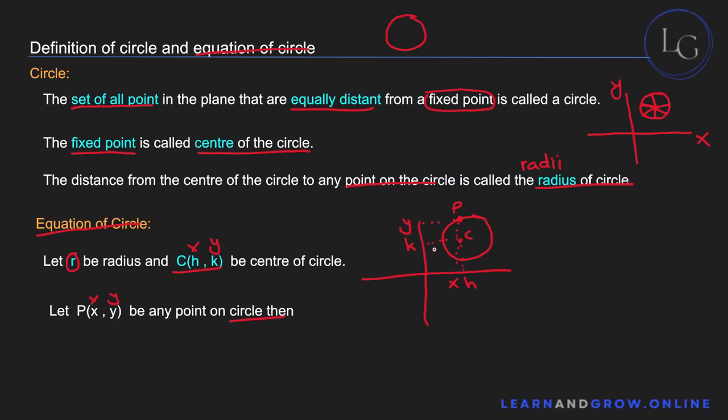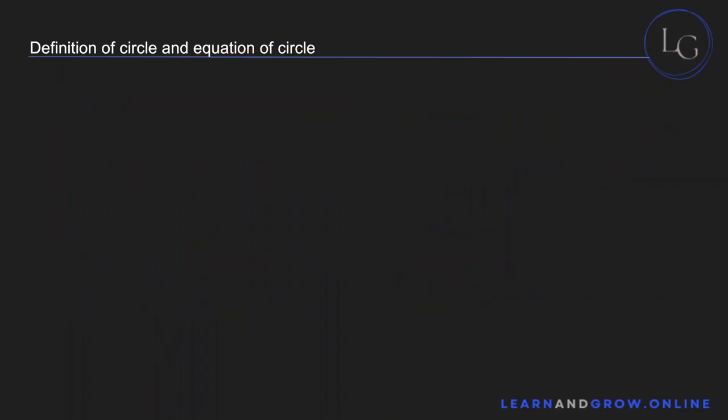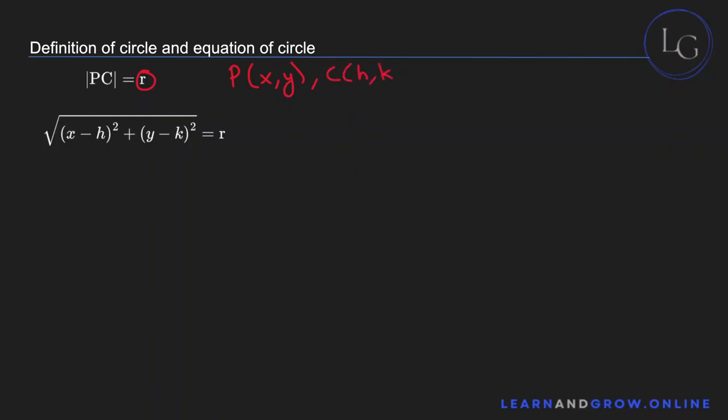Okay, now that you have all of this, we need to calculate the distance from C to P, and that will be the radius. So the distance from P to C is the radius r, and we already know that the coordinates of P are x and y, and we know that the coordinates of C are h and k.